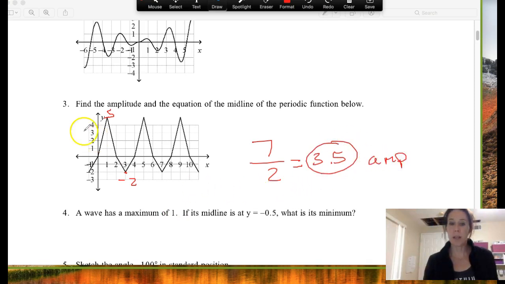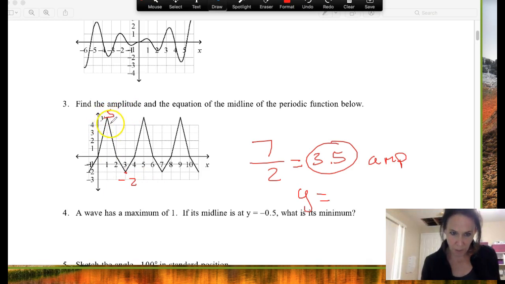Now the equation of the midline, it's always going to be y equals something because it's a horizontal line. Okay. And the midline is going to be halfway. So if we go up here and down here, we want to go halfway. So count down 3.5.